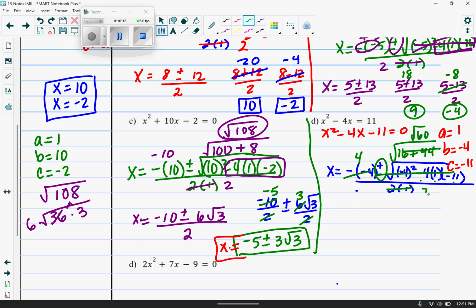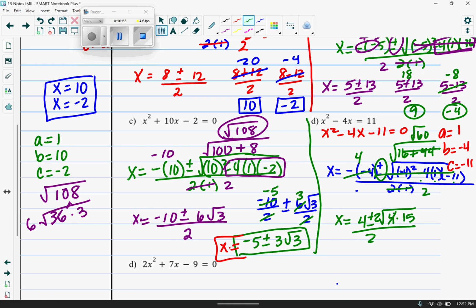All over 2. So rewrite that and we have x equals 4 plus or minus the square root of 60, but 60 would be 6 and 10. Yeah, no. 4 goes into 60 how many times? Oh, 15. So this is going to break down to 4 times 15, and the square root of 4 is 2, all over 2.